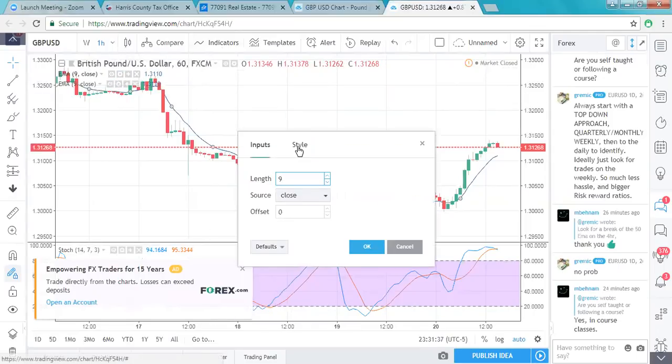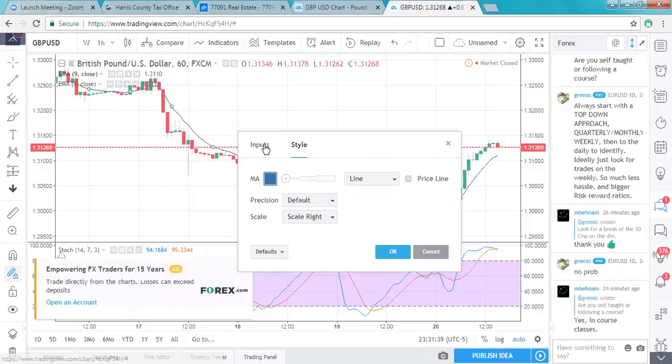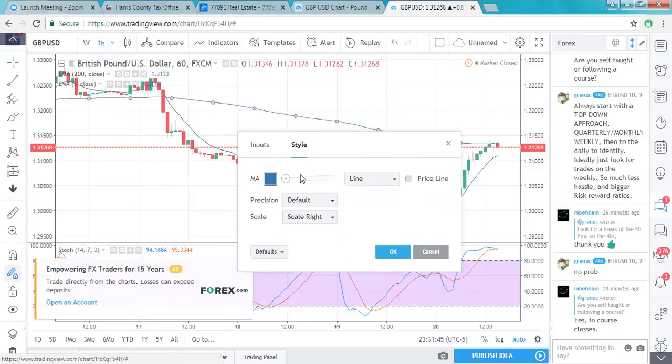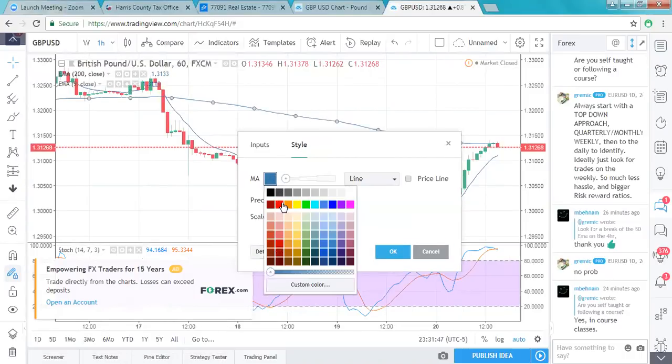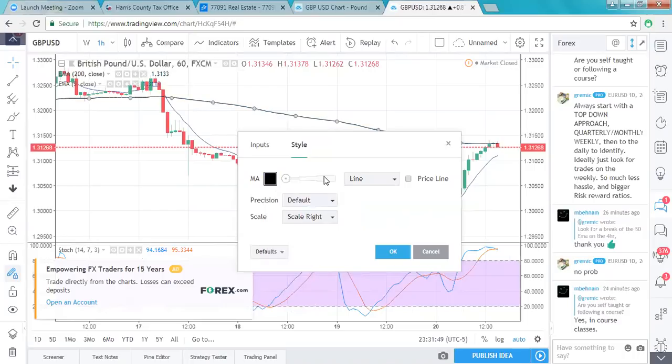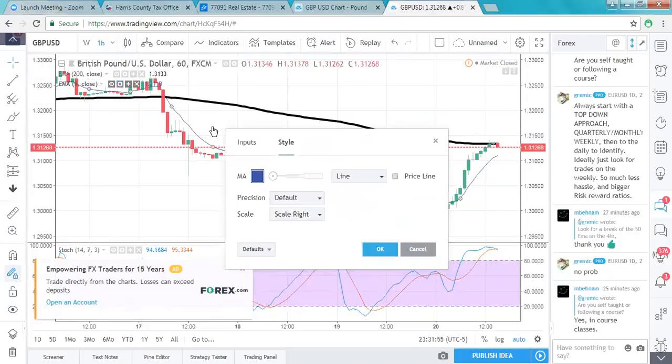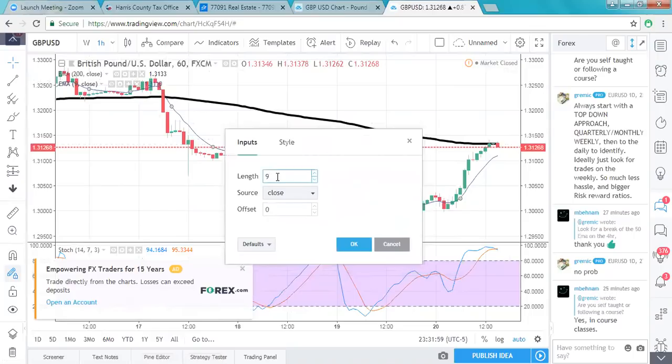From there, you go to inputs, and I'm going to have a 200 moving average, which is going to be further away from price.